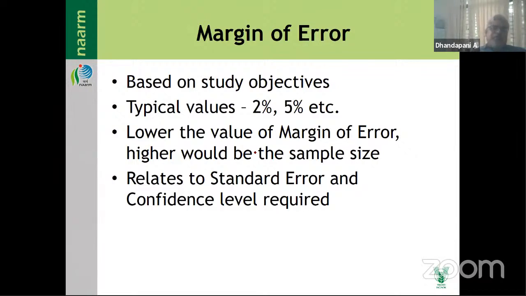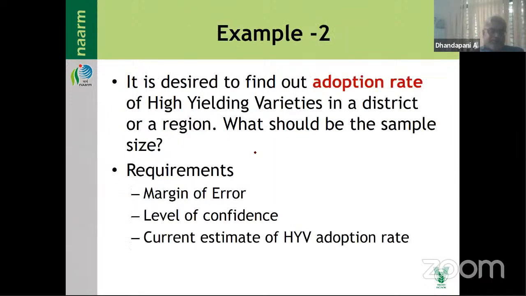Margin of error comes from what is called a confidence interval. The confidence interval may be at the 95% or 99% level, so it is related to both. The margin of error you can fix at only 2% or 5%, which is a typical value people use. Sometimes you might have seen in some surveys that the margin of error is 5%. That means they fixed the sample size with 5% as the margin of error.